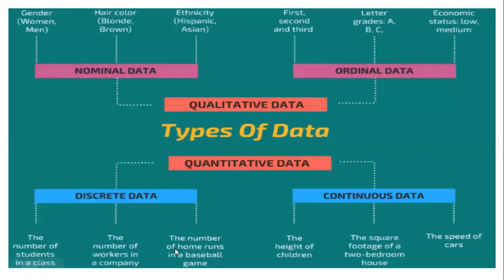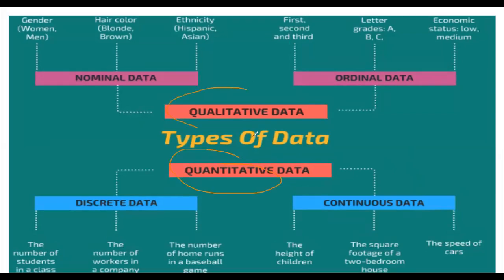Let's move on. Now you can see that there are types of data. You must have heard about this in 8th or 9th standard also, where we talked about some data. Data is further divided into two parts. One is quantitative data and another is qualitative data, right?